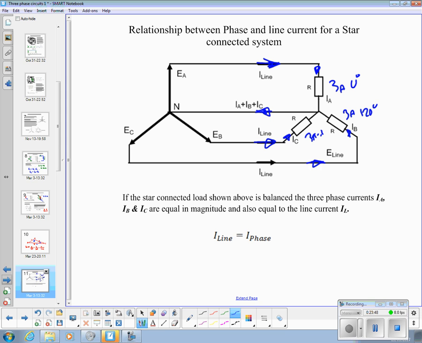That's a perfect balance. Then they'll still cancel each other out. If not, in any way, you'll get a neutral current.